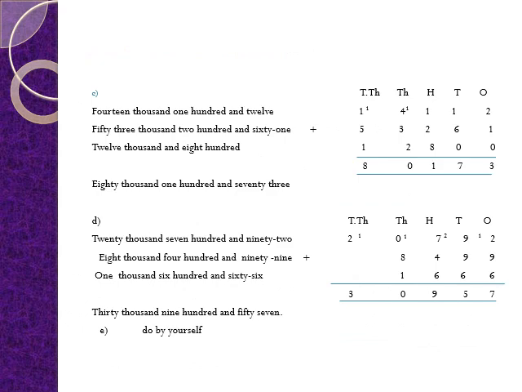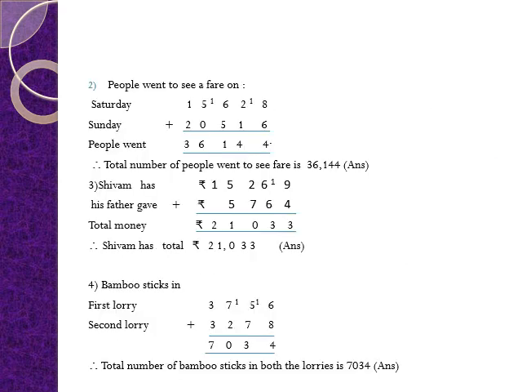Questions C and D I have done for you, and question E you have to do by yourself. Now the word problems. Again, in word problems you have to write only answers, no need to write down the questions.